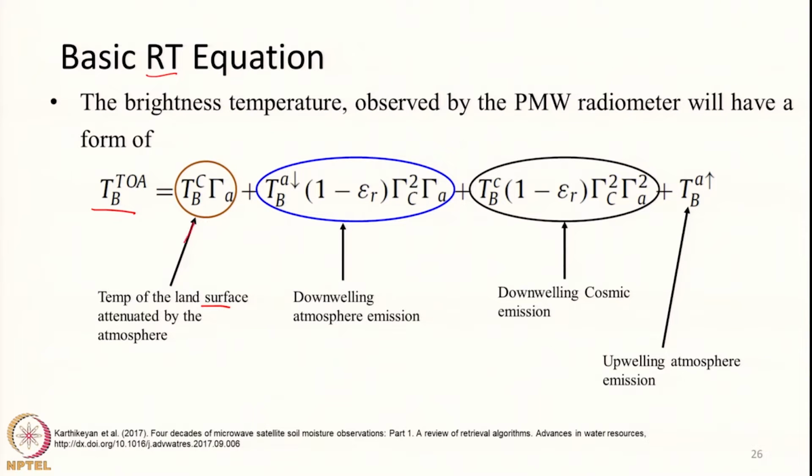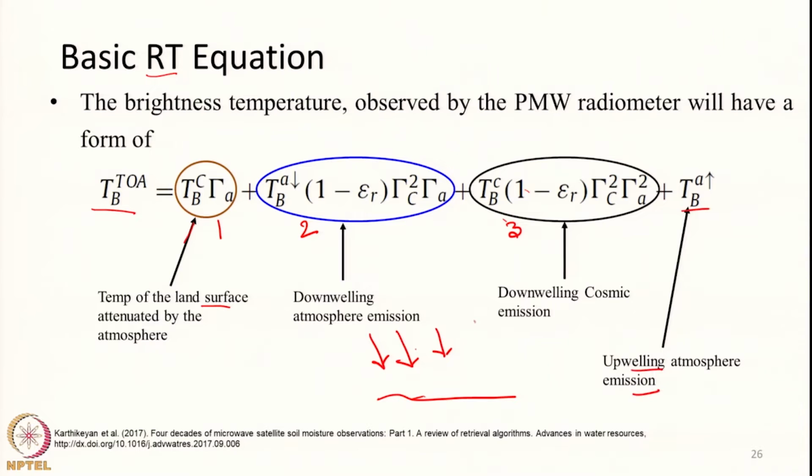The second is the downwelling atmospheric emission, that is, the land surface receives emission from the atmosphere. The third is the cosmic emission, the emission from the outer sky, which may influence the measurements. The fourth is the upwelling atmospheric emission.